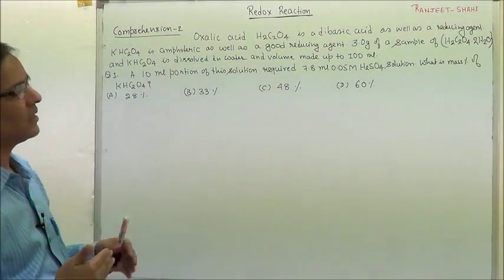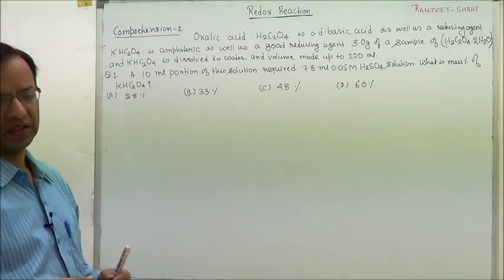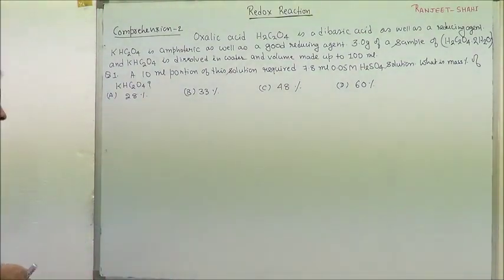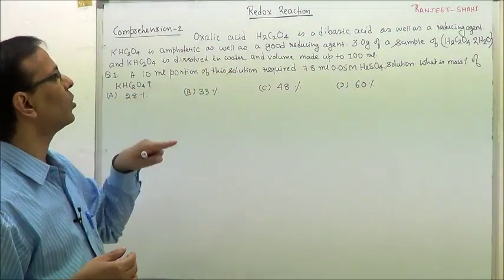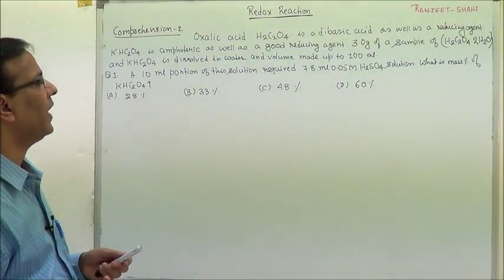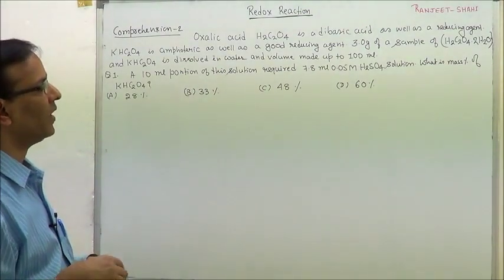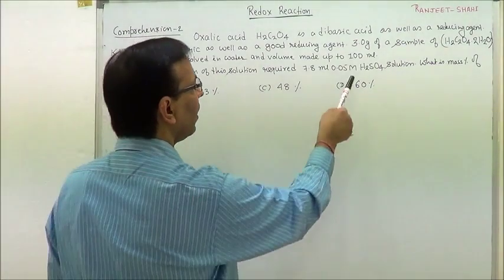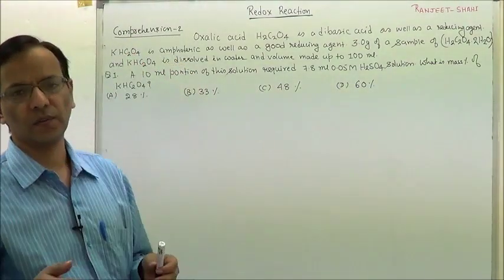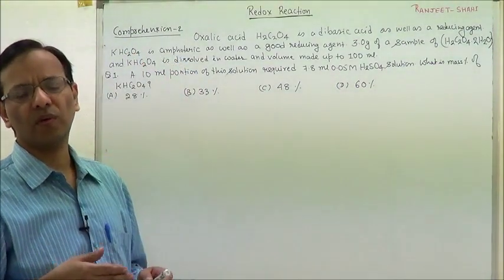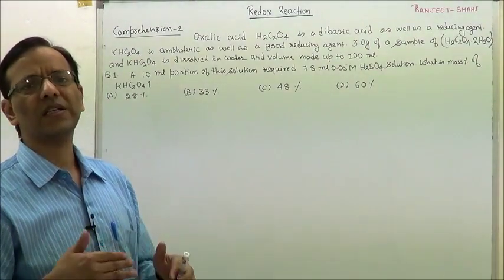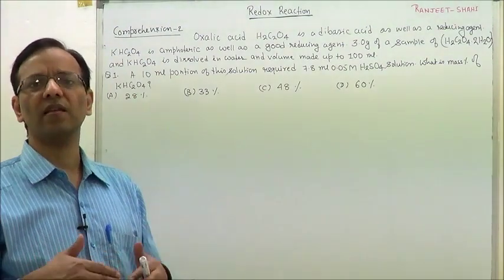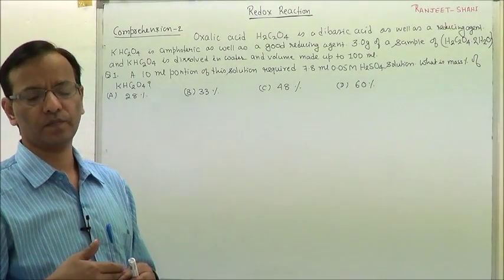Let us answer this, then we'll be taking the next question based on this passage. A 10 ml portion of the stock solution requires 7.8 ml 0.05 molar H2SO4 solution. H2SO4 is a strong acid and will just act as an acid during the titration, therefore it will neutralize only a base.